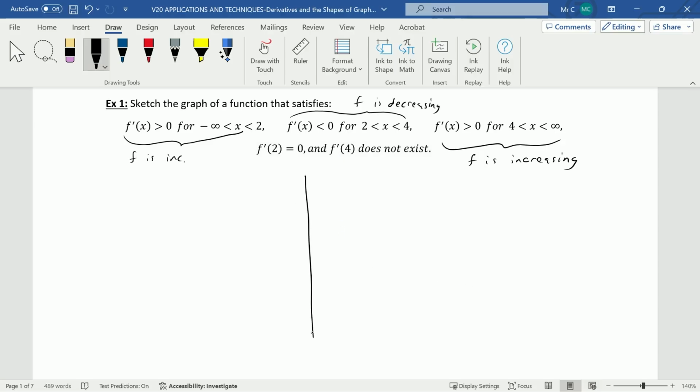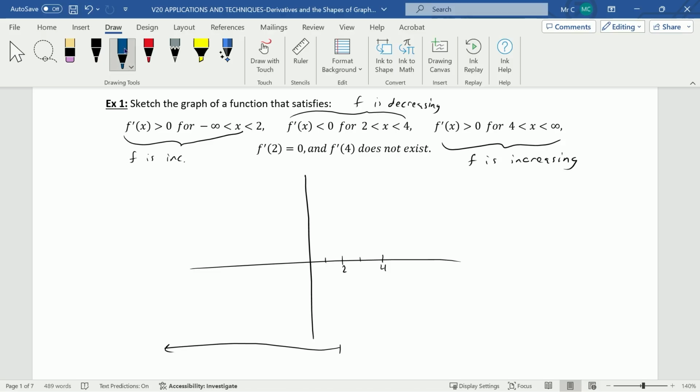So when you're trying to draw one of these types of graphs, the first thing that I want you to do is label below your graph what's happening in terms of increasing and decreasing properties. So what do I mean by that? This says for x from negative infinity to 2, that means everywhere from 2 backwards, the graph is increasing.